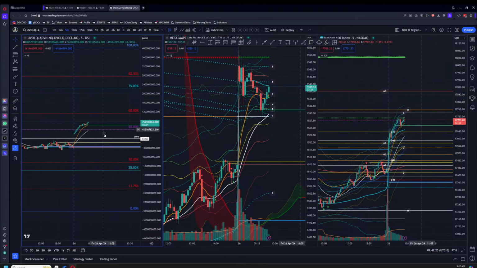Yeah, the internals are telling a story. We're at the VWAP on the underline. That's why there's a fight here. At the friggin' VWAP.